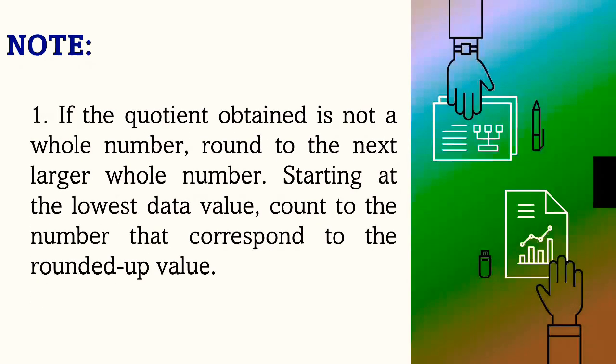Okay class, take note of the following. Upon using the formula for quartile, decile, and percentile, if the quotient obtained is not a whole number, round to the next larger whole number. Starting at the lowest data value, count to the number that corresponds to the rounded up value.